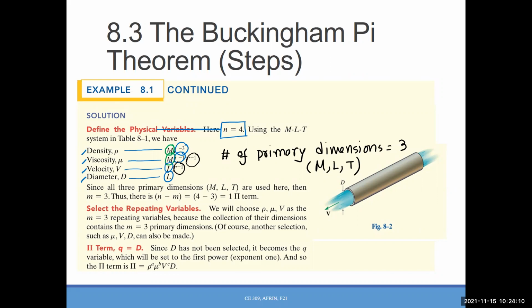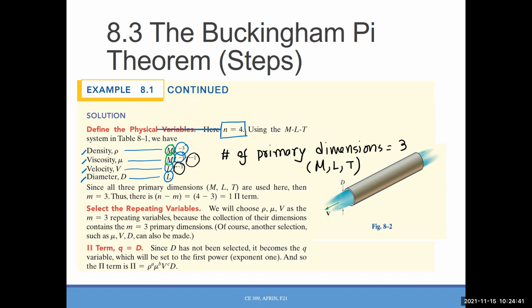Okay, so step 2 is we need to select some variables which will appear in every pi term. And since they will appear in every pi term, it's called the repeating variables, like they will repeat each time. Now, for doing that, we have some conditions we need to make sure of. The very first one is the number of repeating variables equals the number of primary dimensions.